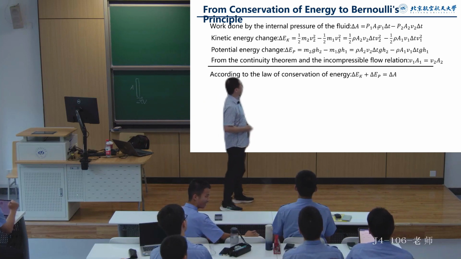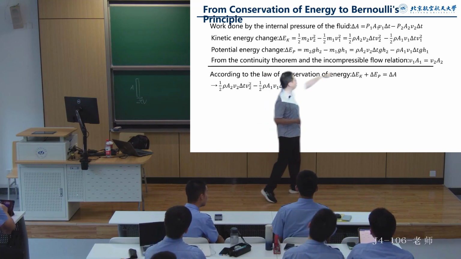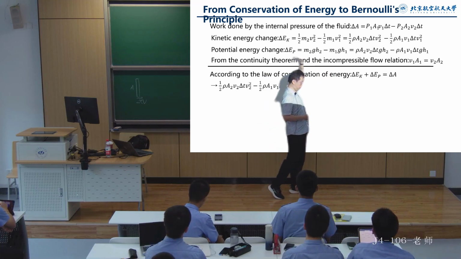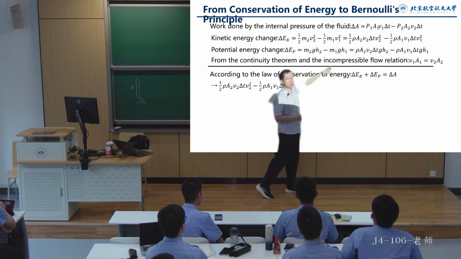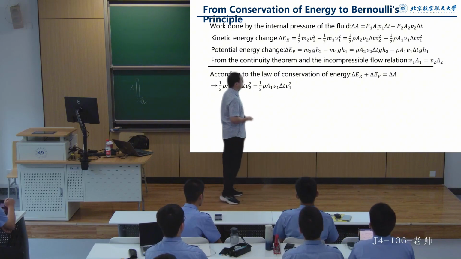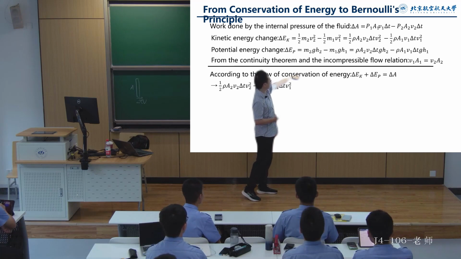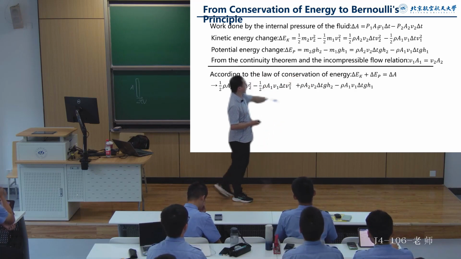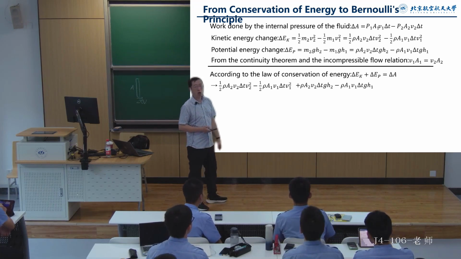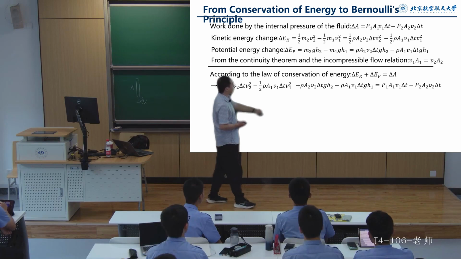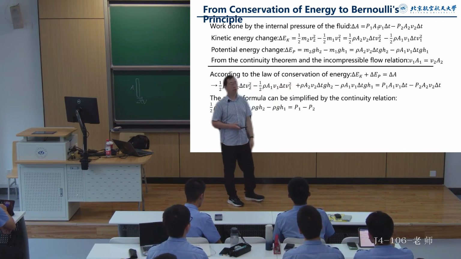All right, in this case, let's take a look. Then we have this work done by the pressure, which should be equal to the change in kinetic energy plus the change in potential energy. Then we have 1/2 rho A2 v2 squared minus 1/2 rho A1 v1 squared, which represents the change in kinetic energy, plus the change in potential energy, which should equal the work done by the pressure.